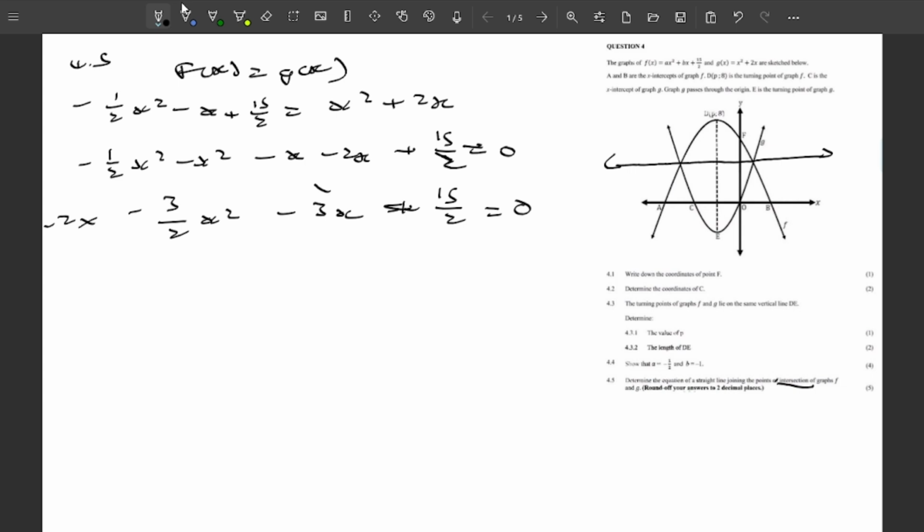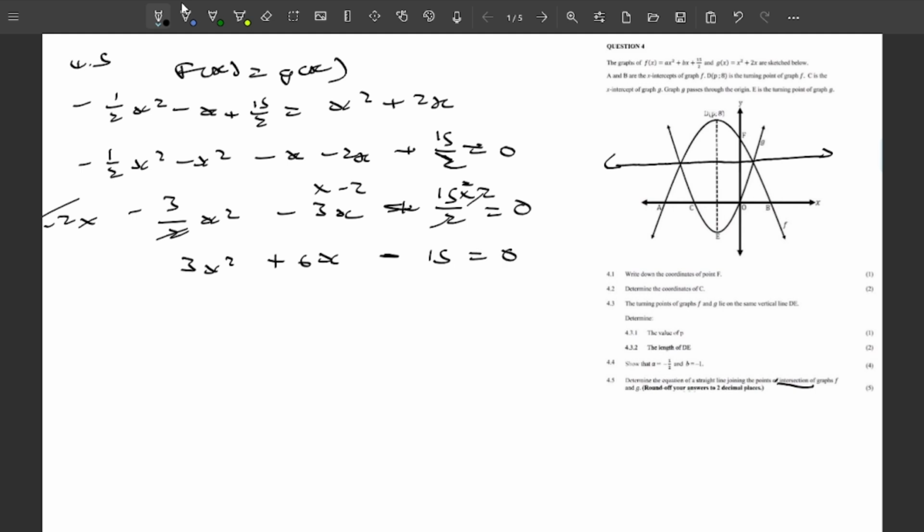This is going to cancel this, and this is going to cancel this. So we're going to end up with 3x² plus 6x minus 15 = 0.